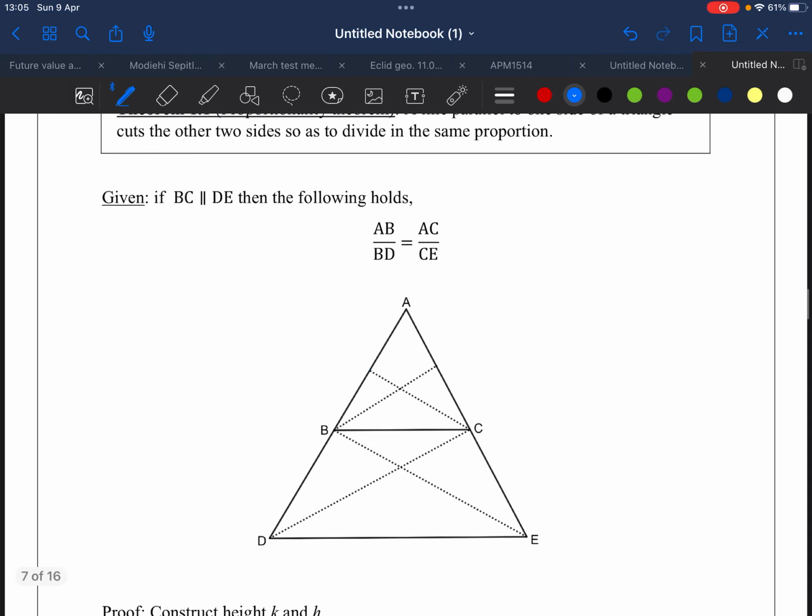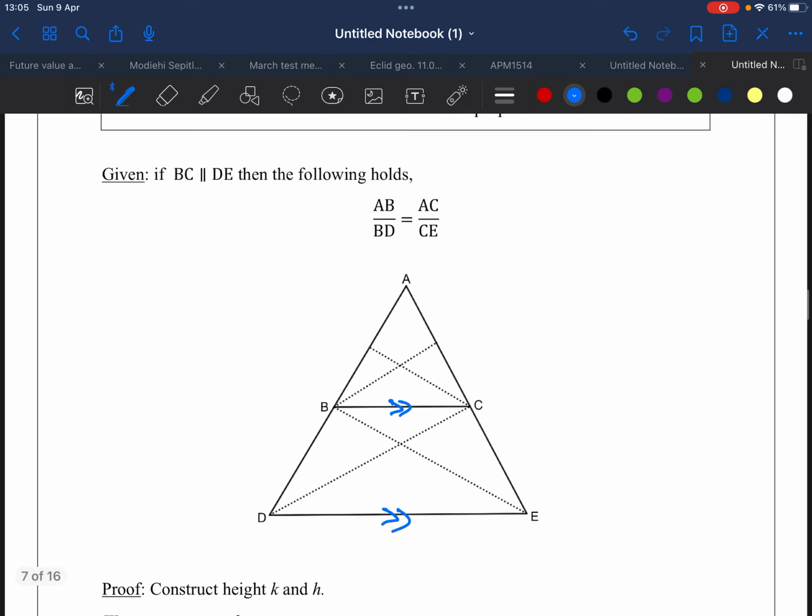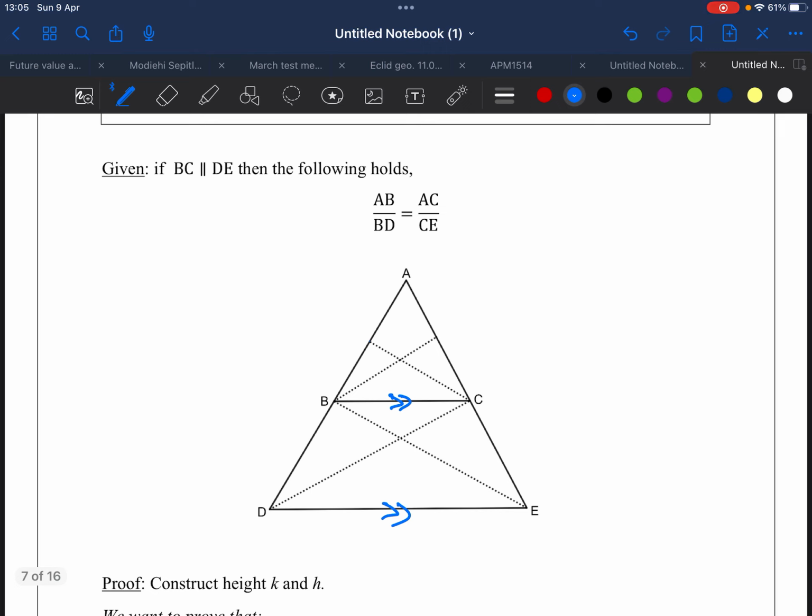So it is clear that BC, as it is given, is parallel to DE. So we say that if these two lines are parallel, then AB over BD is equivalent to AC over CE.